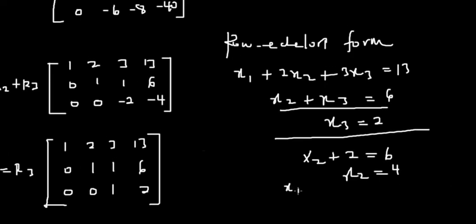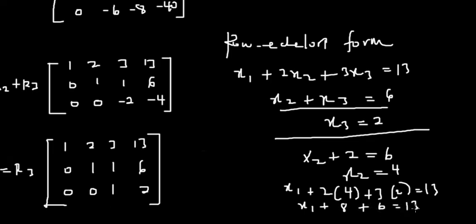So x1 plus 2 times x2, which is 4, plus 3 times x3, which is 2, equals 13. So we have x1 plus 8 plus 6 equals 13, so x1 equals 13 minus 14, and we end up with x1 being equal to minus 1.